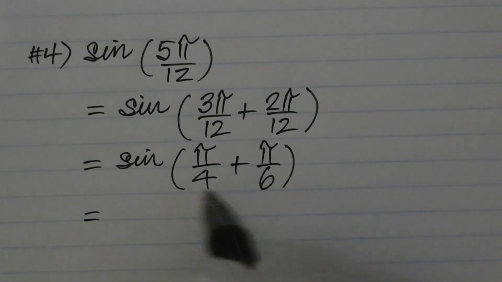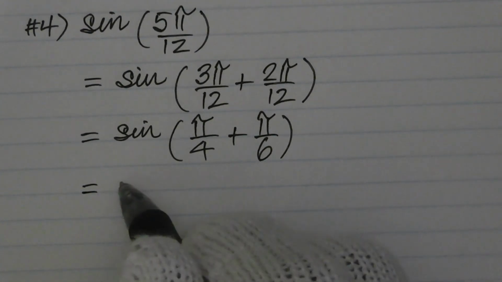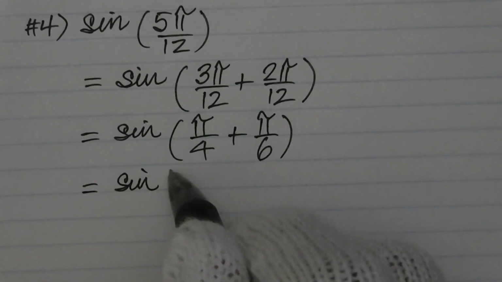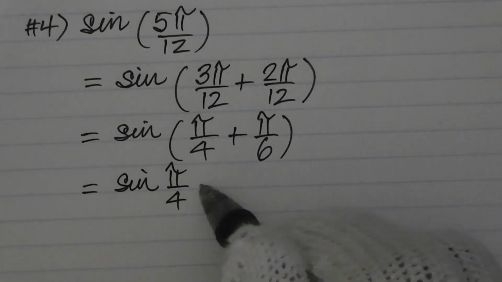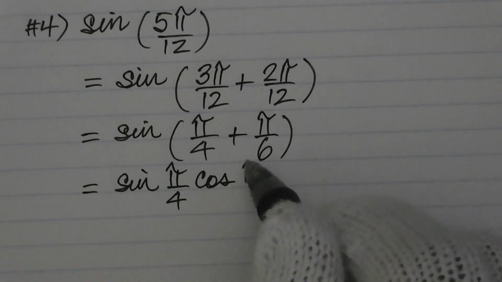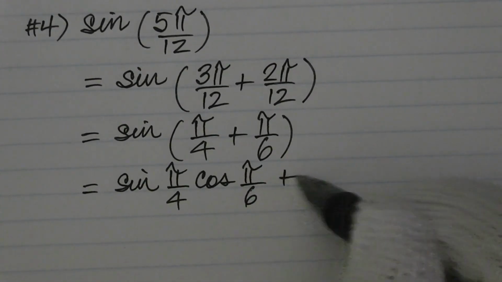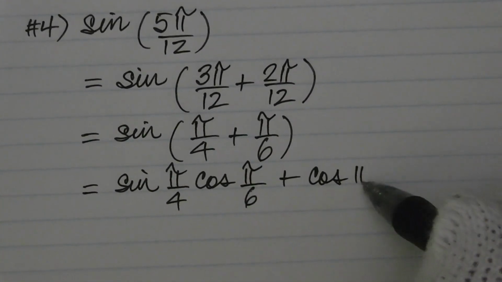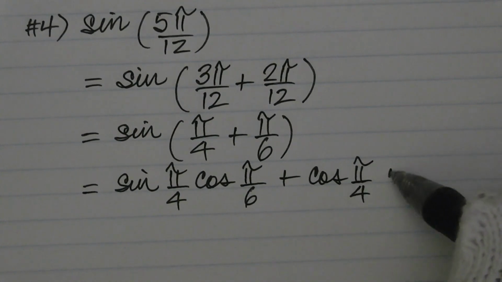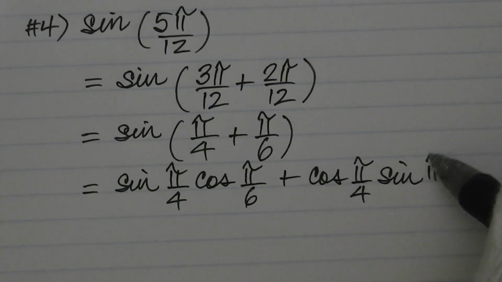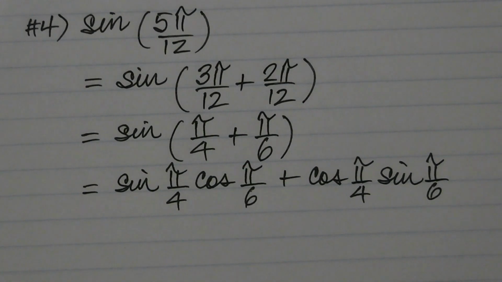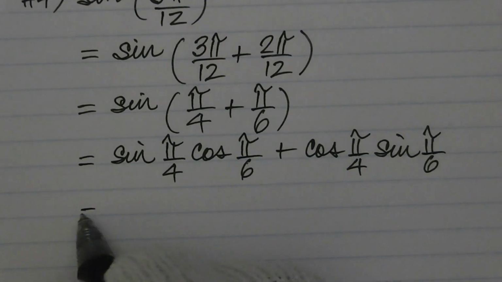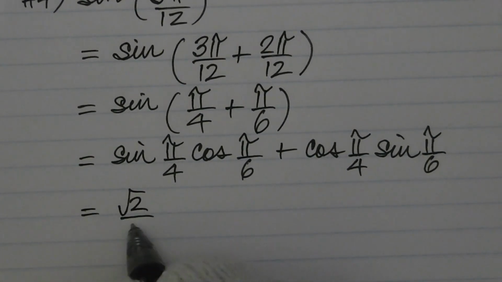Now we're going to use the compound angle formula for sine. This is going to tell me sine pi over 4 cosine pi over 6 plus cosine pi over 4 sine pi over 6. Sine pi over 4 is radical 2 over 2.